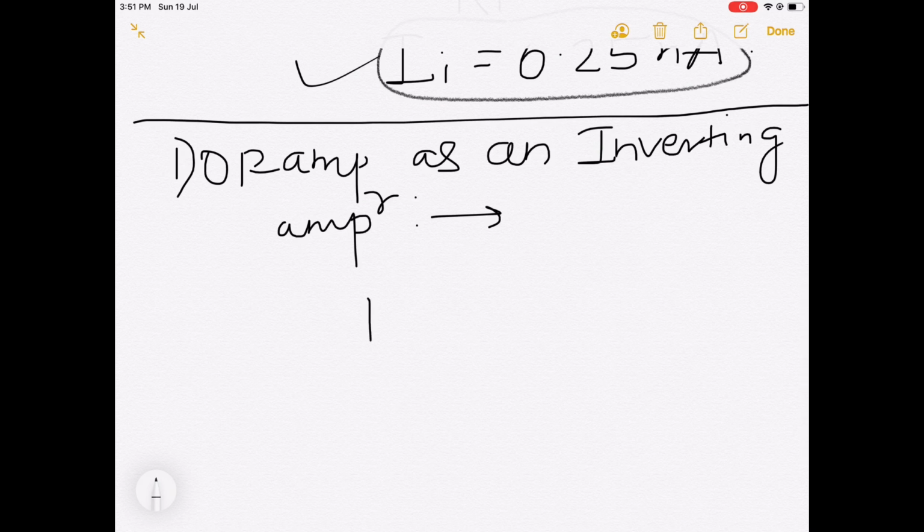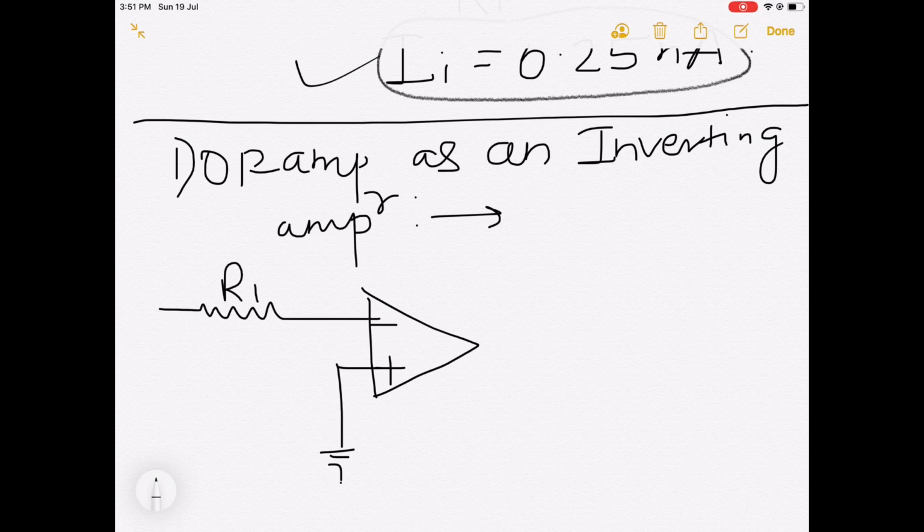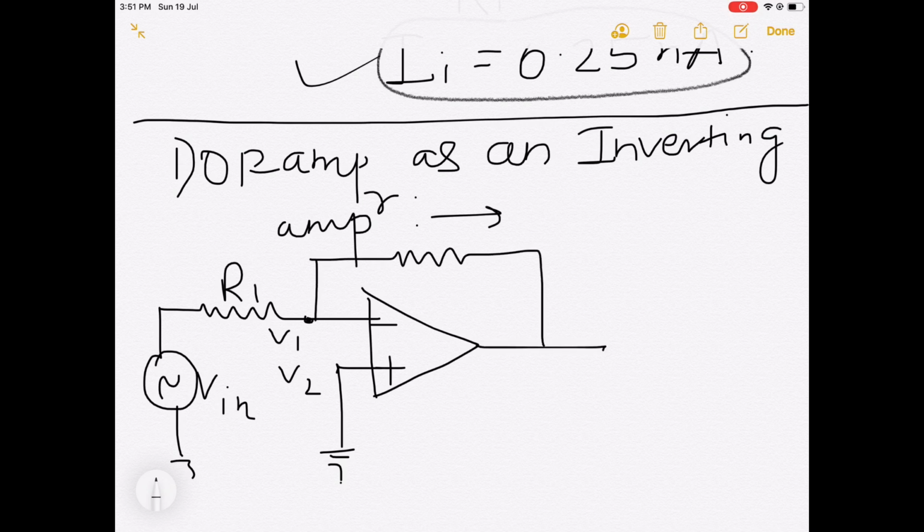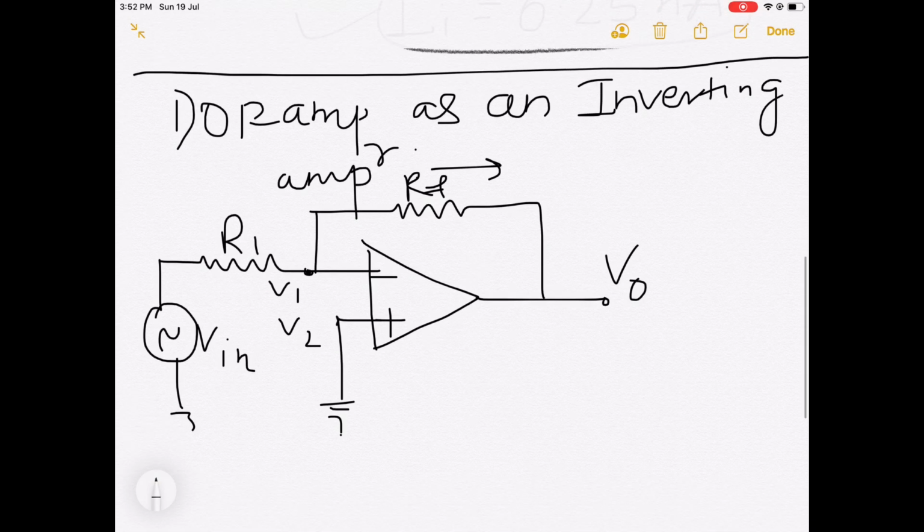So, for the inverting amplifier, you have to draw the op-amp, then the non-inverting terminal should be grounded, then your input resistor R1, then this terminal is V1, this terminal is V2, then input V in is applied here, then feedback resistor RF we have applied here, RF. Okay. And now we have to see what is the gain of this inverting amplifier.